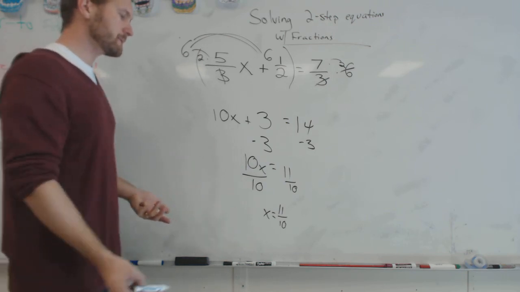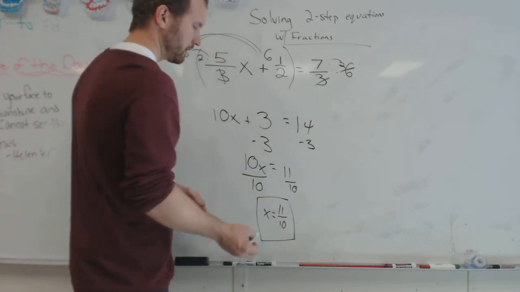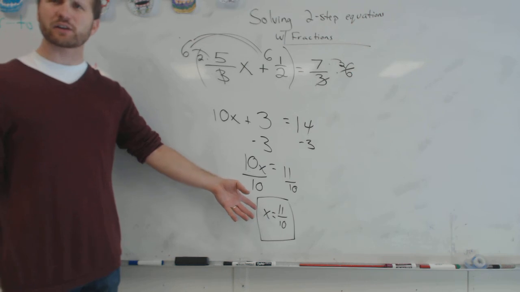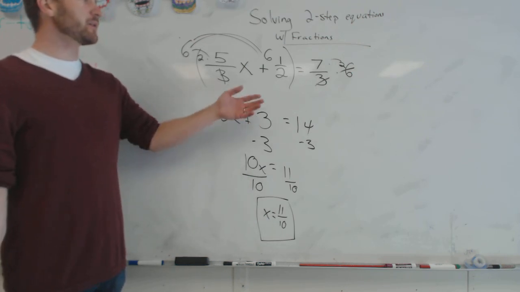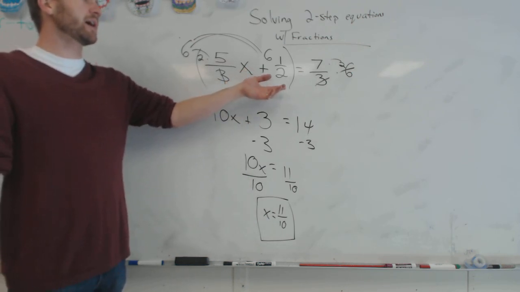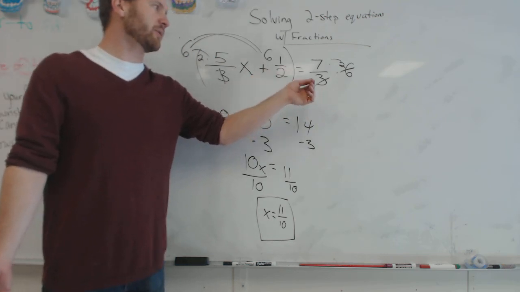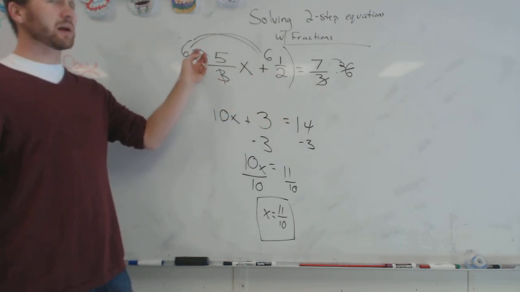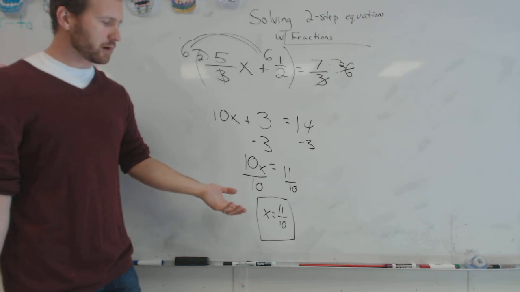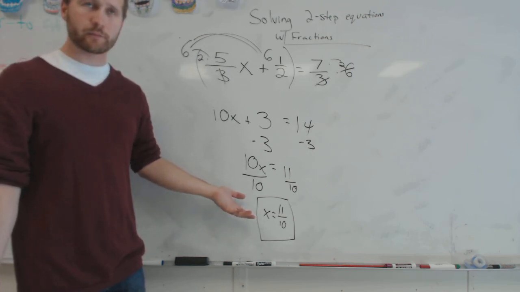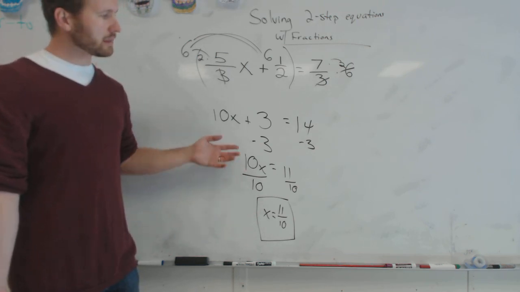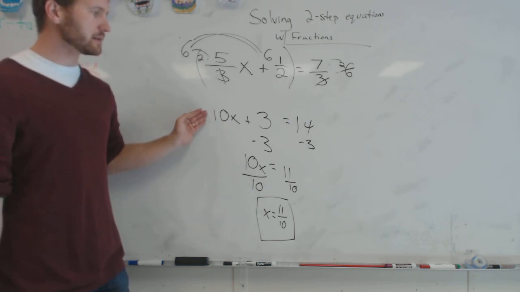Now, this answer, that's an awful fraction. 11 tenths. Ew. That would have been really complicated if I had subtracted 1/2 from 7/3 and then multiplied by 3/5. Eventually I would have gotten 11 tenths, but I think this way of getting there is a lot easier.